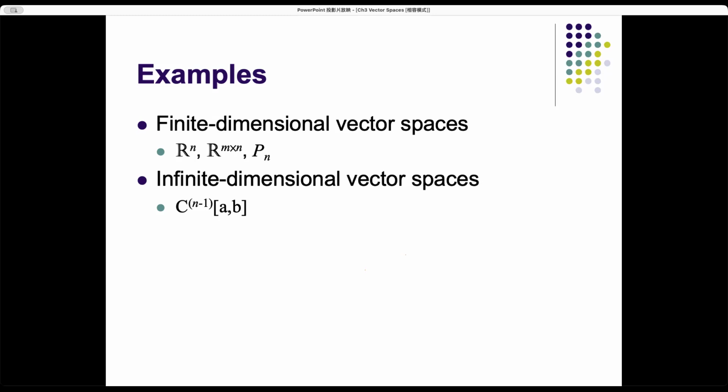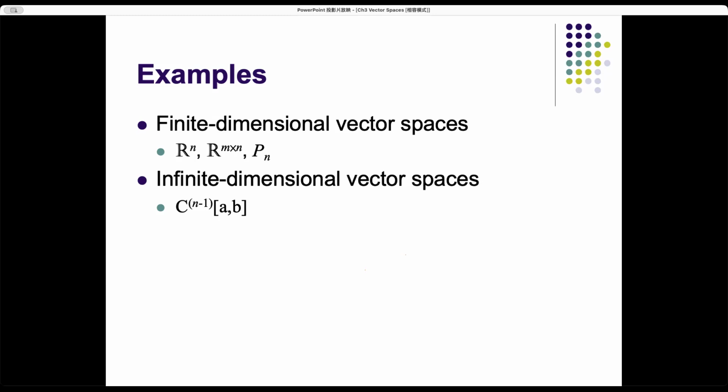For Rm times n, you have m times n positions in the matrix. Each time you just put one in one position and all the other positions to be 0. Take turns to do that, and you have m times n matrices that form a basis for this Rm times n vector space.